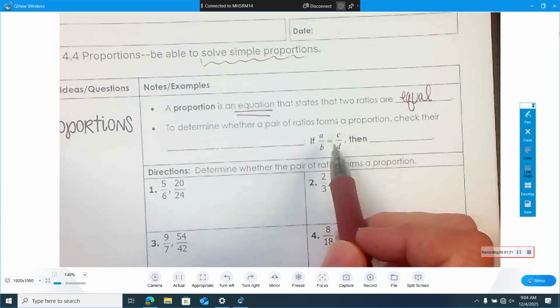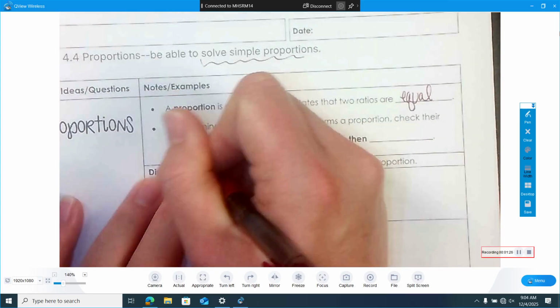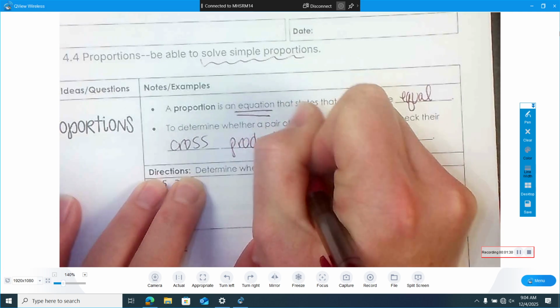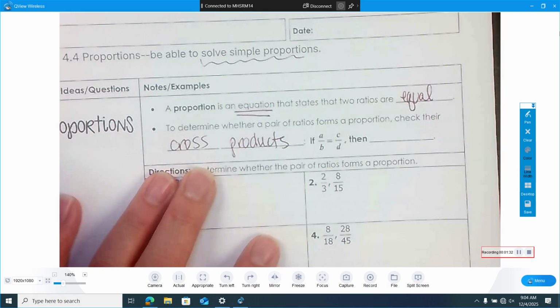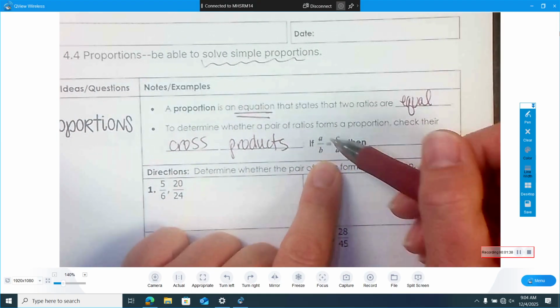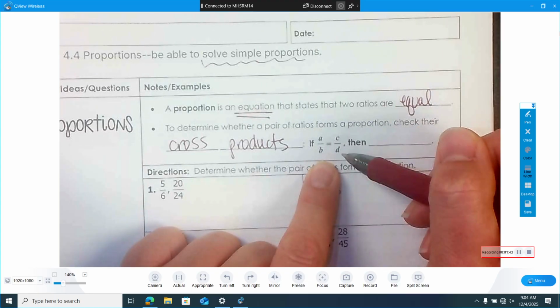To determine whether a pair of ratios forms a proportion, we can check their cross products. So this is a method we use. We call it cross multiplying. Here we have the setup of a fraction equal to a fraction.